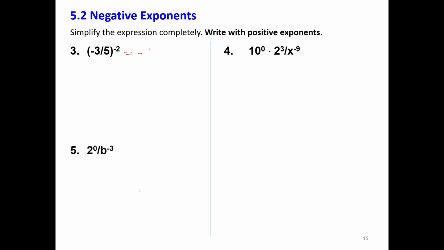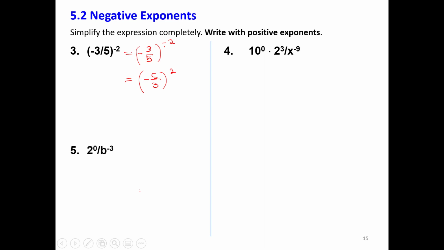Oh, sorry. Negative 3 divided by 5. Then we can write this one like negative 5 over 3 to the second power. Then what I want you to focus on here is, we flip the fraction.